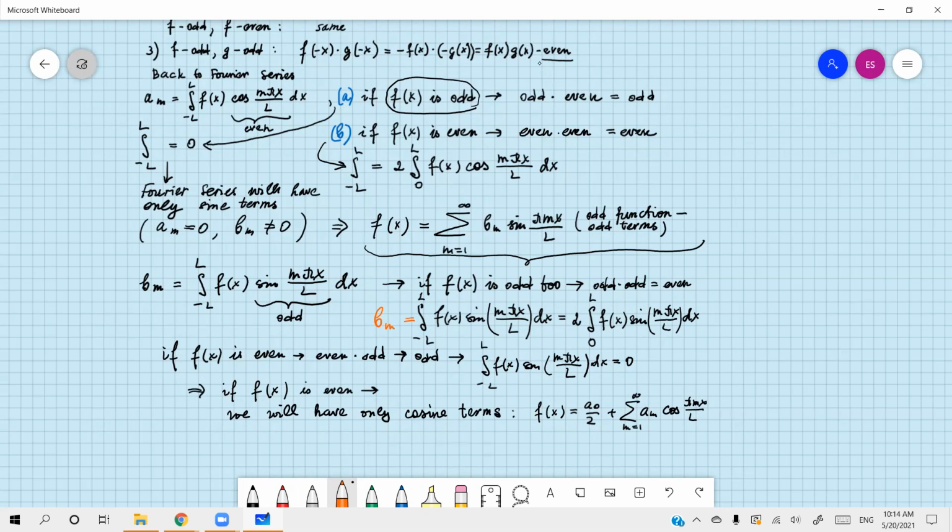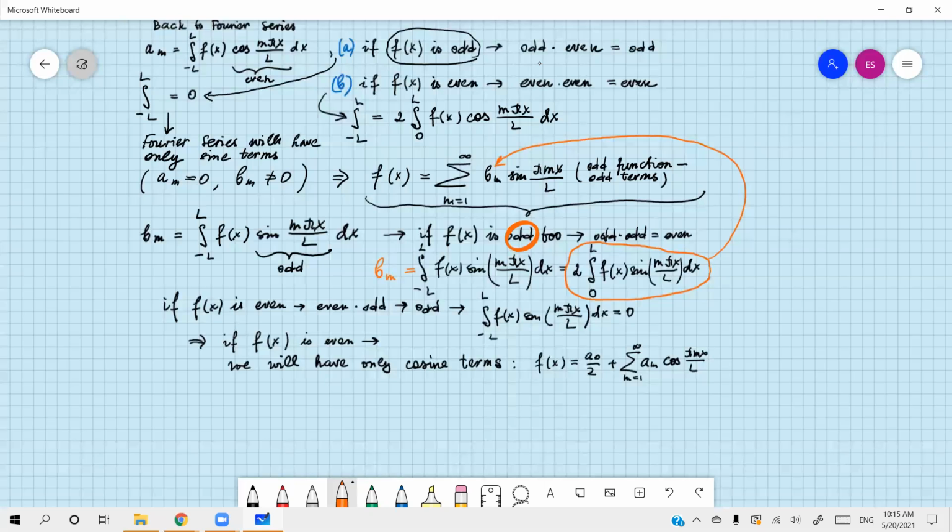I'm going to circle this one because f is odd, and write down that the coefficient bm is going to be equal to this integral. So for odd functions, there are only sine terms, and you can calculate the coefficient by integrating only half of your period.